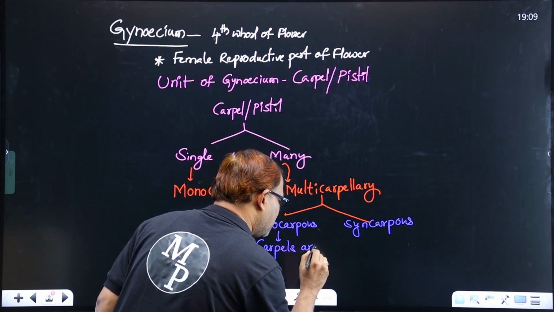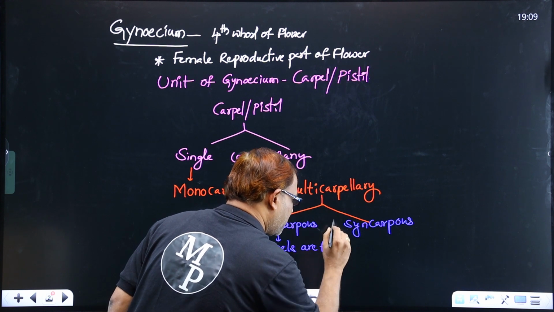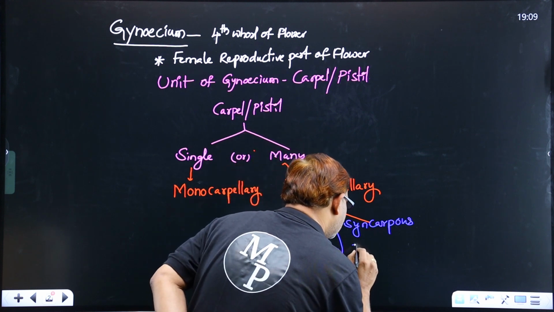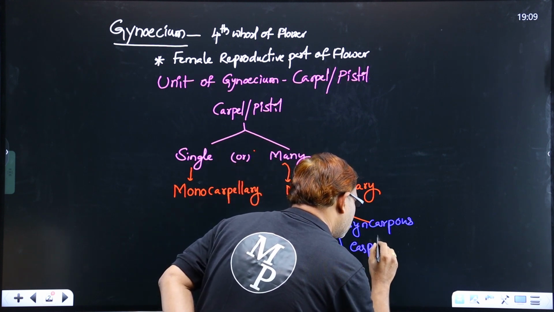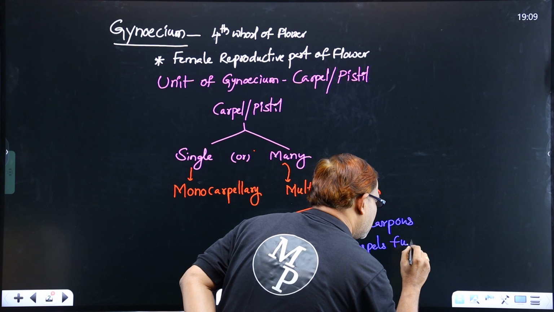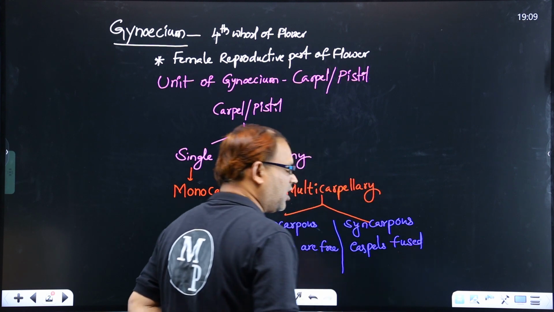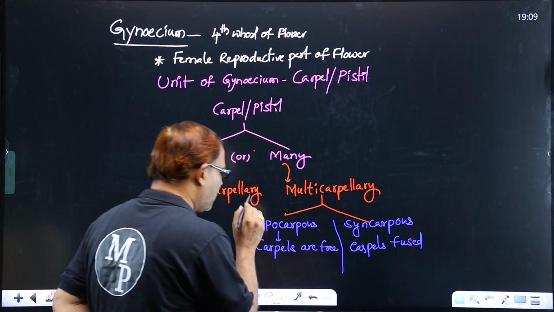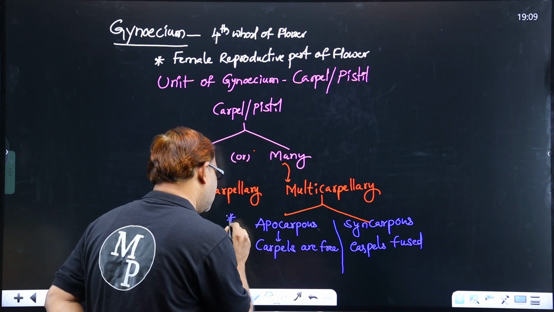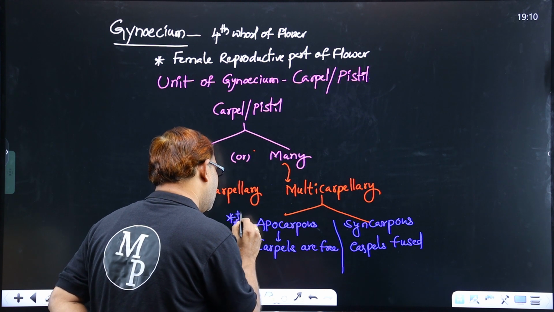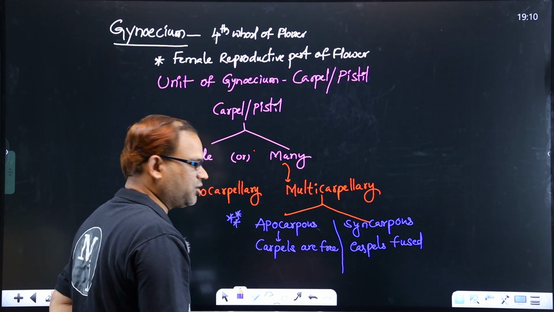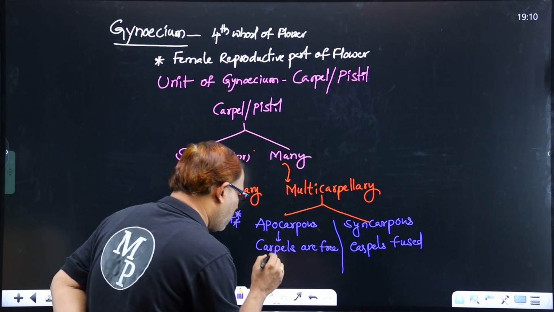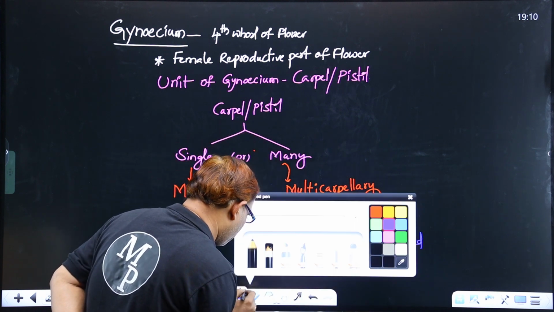Syncarpous means carpels are fused or united. This is a compulsory question area, indicated with a triple star. It's a very important questioning area; questions can come from here. Apocarpous and syncarpous.